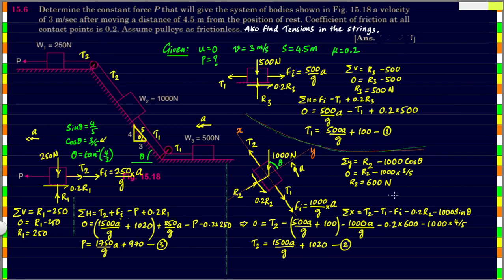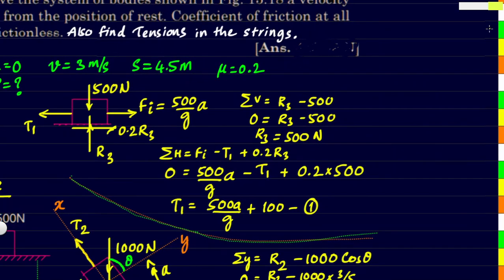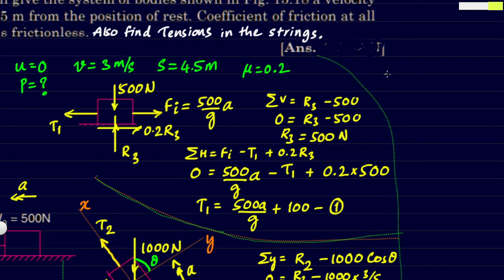Now in all the equations, equation number 1, 2 and 3, we see that acceleration is unknown. In the given data, if you observe closely, we have been given the initial velocity, final velocity, time, and the displacement as well. So we will need to find acceleration using this information. The best formula to use in this case is 2as equals v square minus u square.